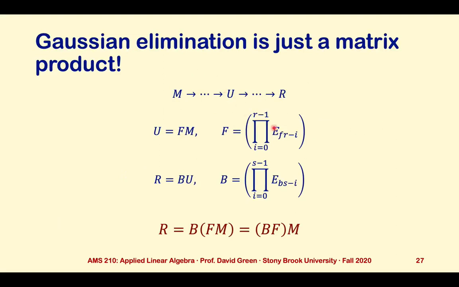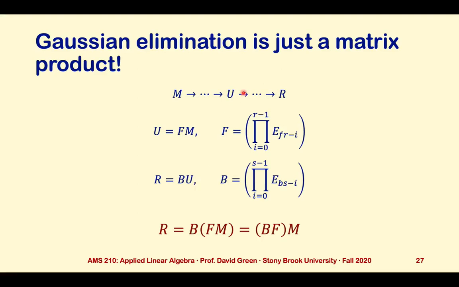Now, we can stick this together to express all of Gaussian elimination as a matrix product. We have M taking a series of steps to our echelon or upper triangular form, another series of steps to our reduced row echelon form. F times M represents all those first steps.